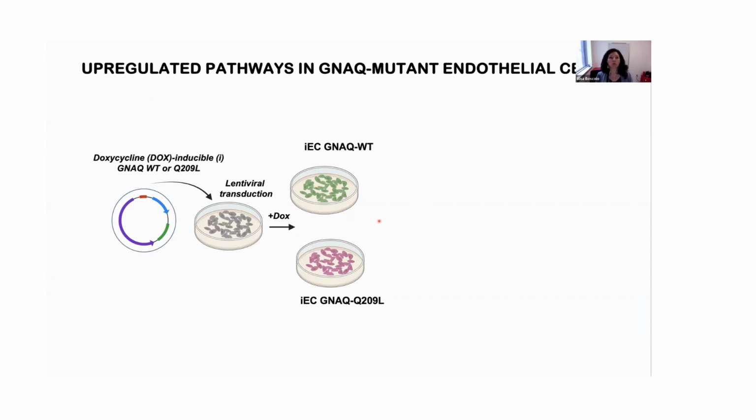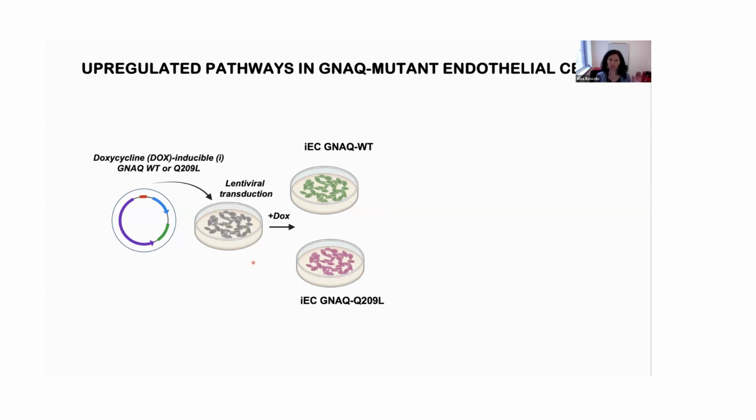Next, we really wanted to dig deeper into the pathways upregulated or downregulated in the GNAQ mutant endothelial cells. To do so, we went back to an in vitro system, and we used the HUVEC or endothelial colony forming cells, and we transduced them with a lentivirus expressing a doxycycline-inducible form of GNAQ wild type as a control, or GNAQ Q209L.